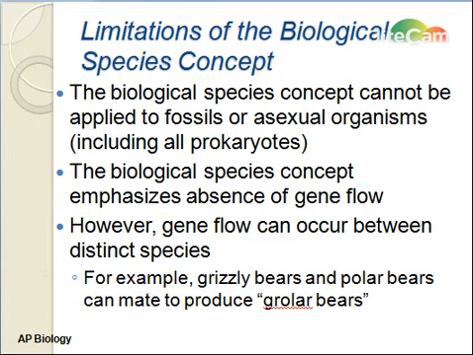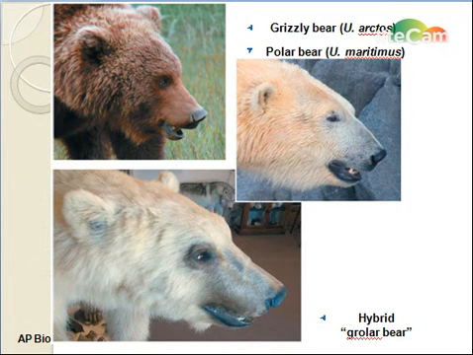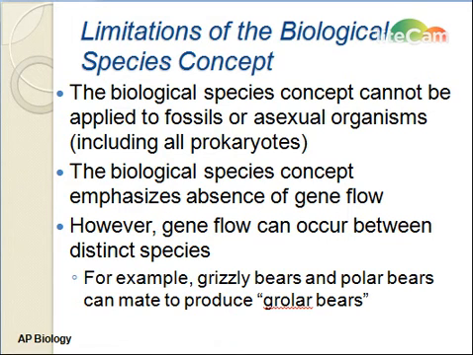For example, grizzly bears and polar bears can mate, and they produce what's called a growler bear. I'll show you the picture right here. It's kind of a funny looking bear, but the hybrid growler bear is in really distinct contrast to these ideas that two species cannot interact and have gene flow, that there are always reproductive barriers. And we've looked at some of those different ideas.